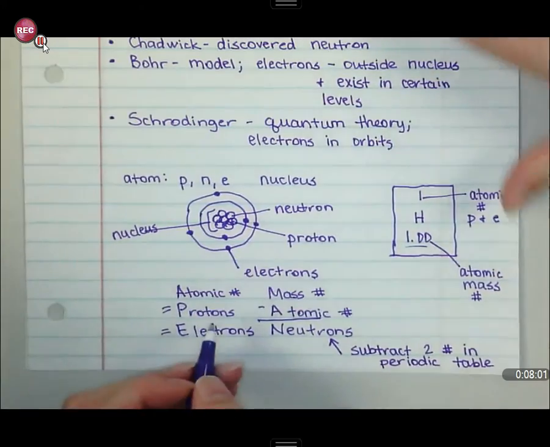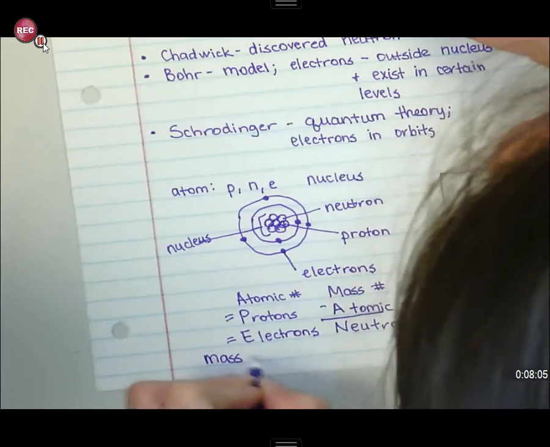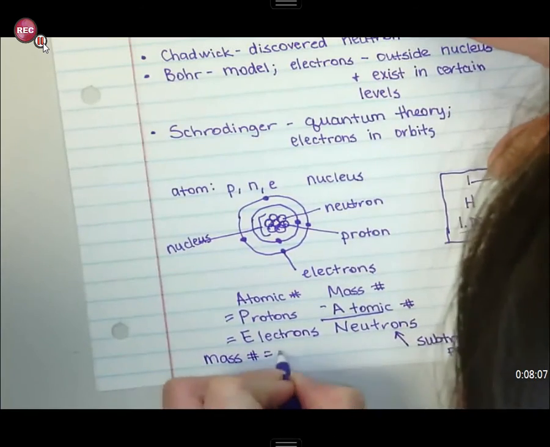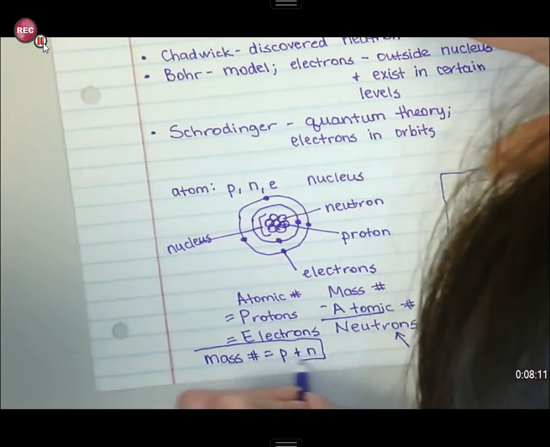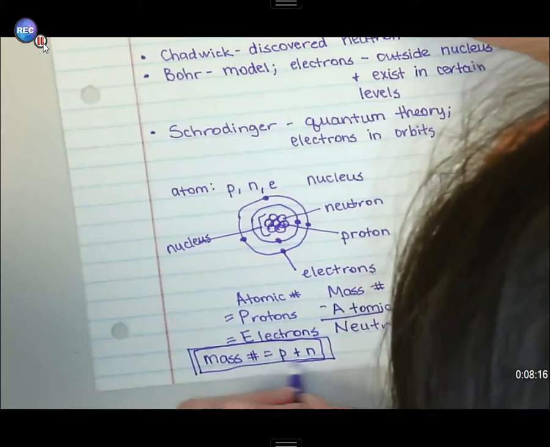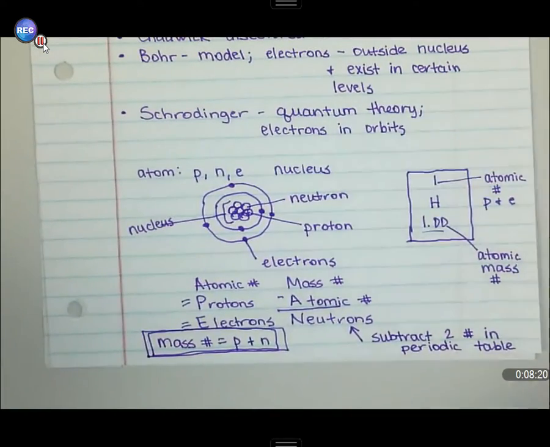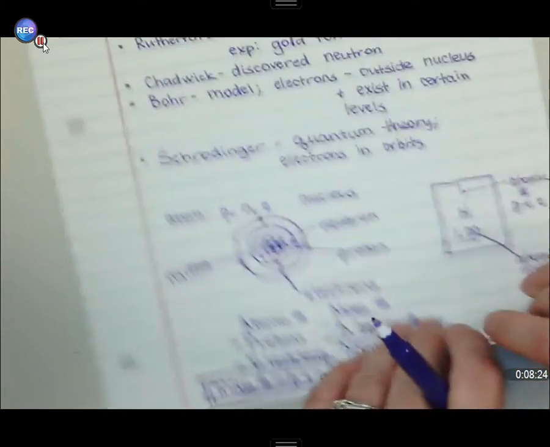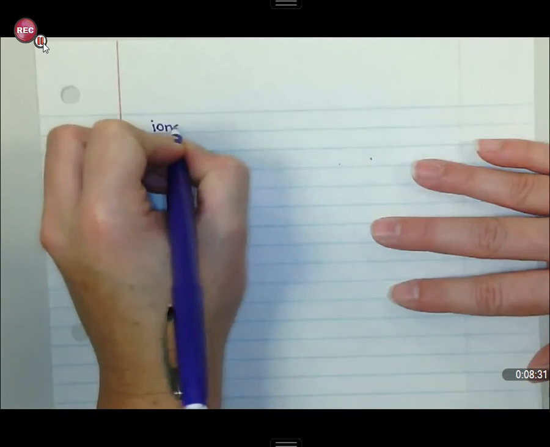One other thing that you need to be able to calculate is the mass number. And to get the mass number, it's going to be your protons plus your neutrons. Okay, so we did that. The next thing we did were we talked about ions and how they had charges.